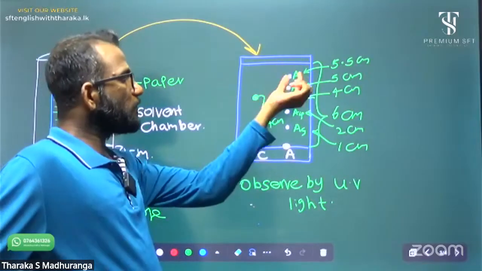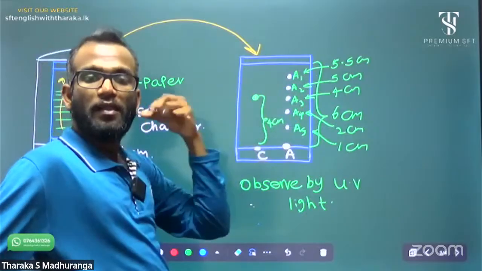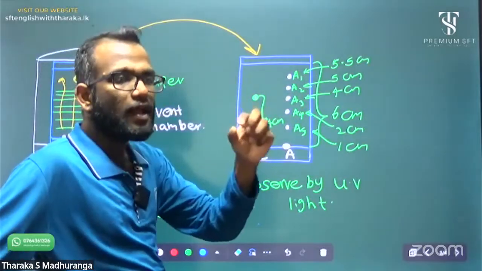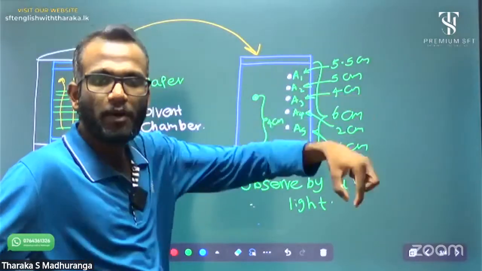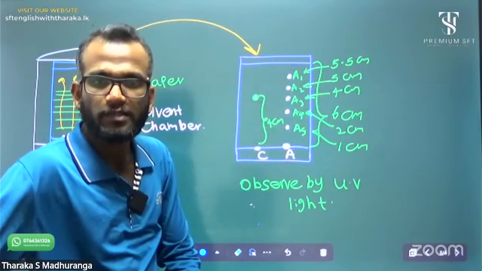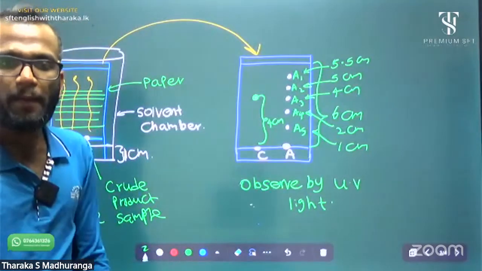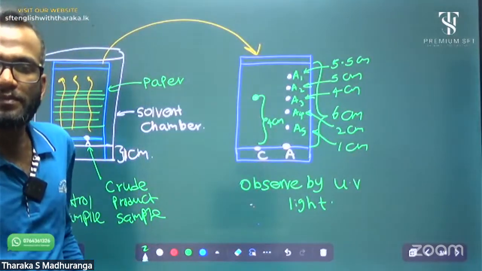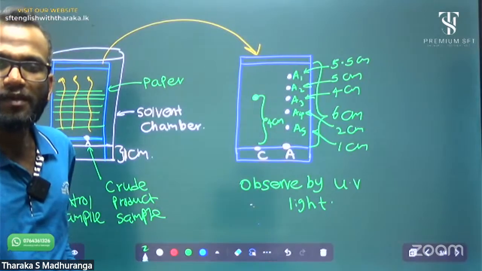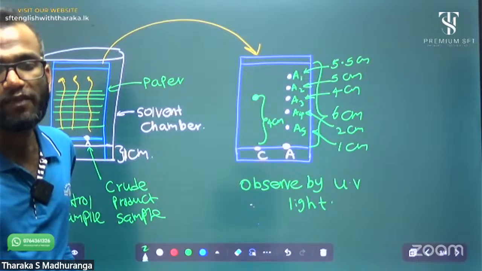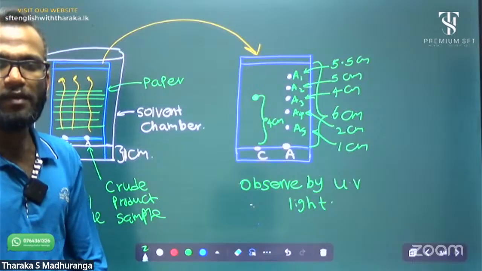Then I can identify that the RF value of this control sample and the A3 sample are the same. Then I can identify that this Vasicine, or whatever compound the control sample is, is available in this crude product. It's present. Understood? The A3 is that compound. How to identify? According to the RF value calculation. Clear?